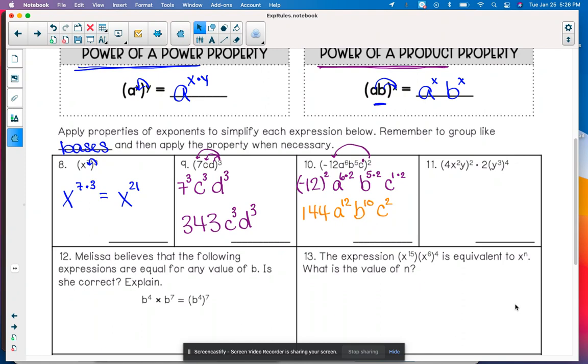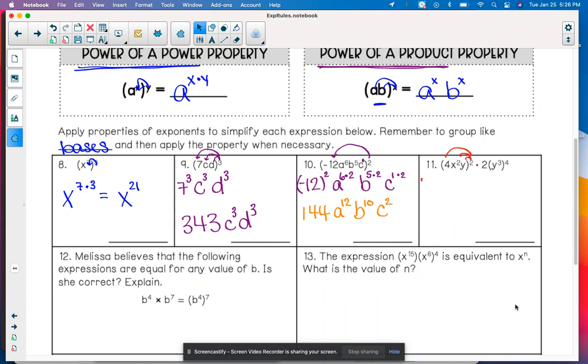All right, so for number 11, I'm going to take this piece by piece. I'm going to work on the left side first and then the right side second, and then we will combine. So I'm going to distribute that square.